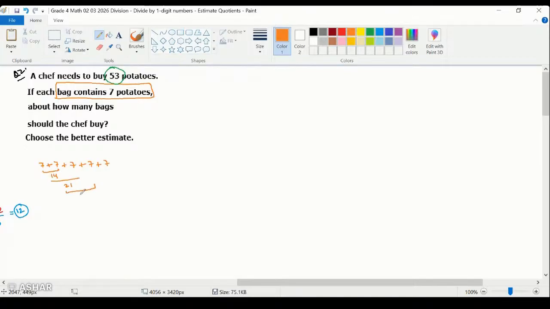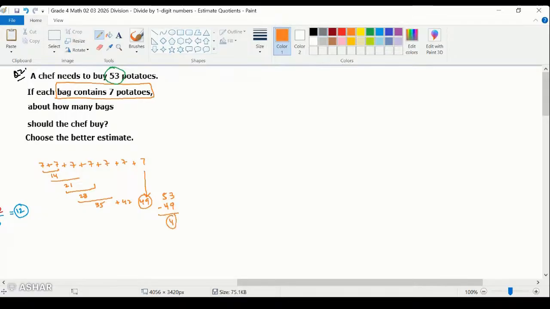Plus 7 is 28. Plus 7 is 35, right? Plus 7 would be 42. Plus 7 is 49, right? But after 49, I'm doing it with addition and subtraction first. 53 minus 49, we are left with 4 potatoes, right?